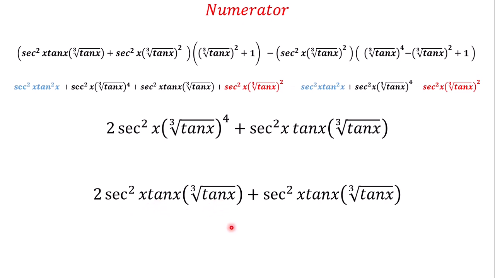Tangent x. Okay, so let's add. All right, so that is what we are going to get. So guys, the answer to the numerator after adding or after expanding, this is what we have gotten.